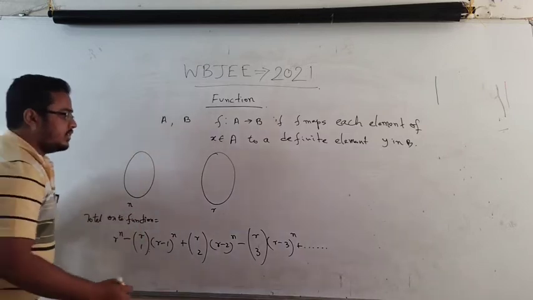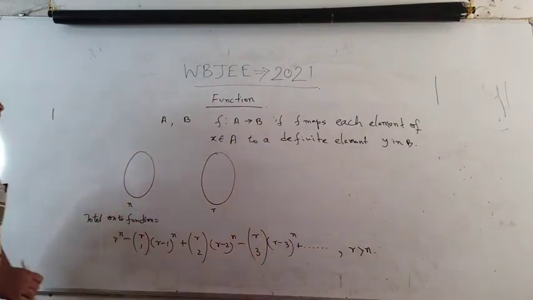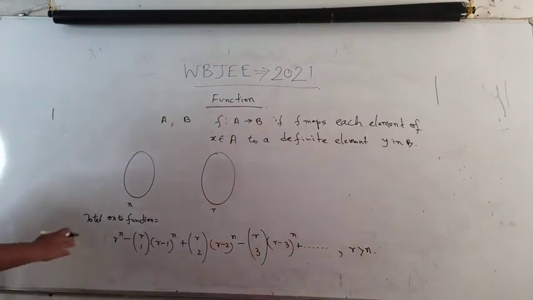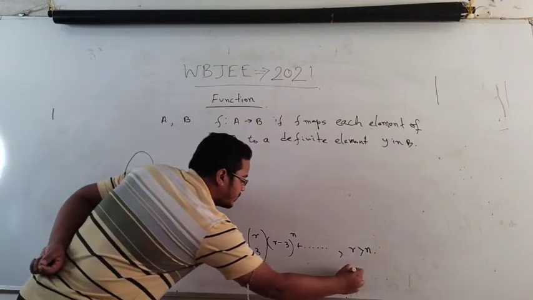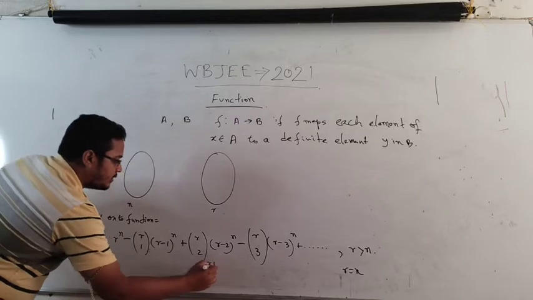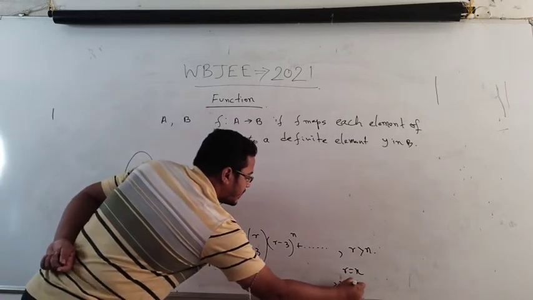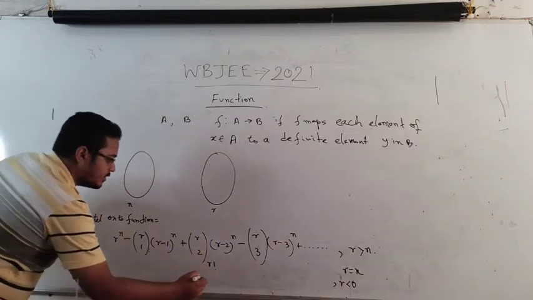Obviously this holds if r is greater than n. If r equals n, the number will be r factorial, and if r is less than n, then there will be no surjective function.